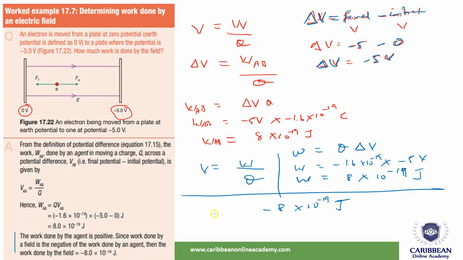So it's just something you have to look at. Because you move an electron from 0 potential to some other potential, you have to be doing work on the charge. But because you're bringing a negative electron toward a negative potential, there's going to be a force of repulsion.